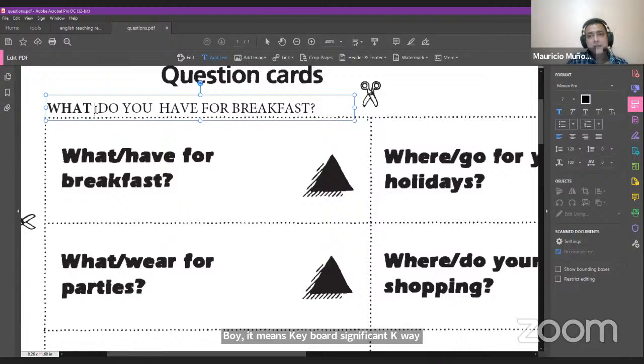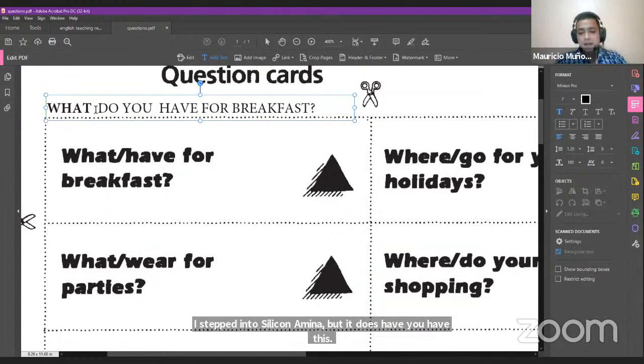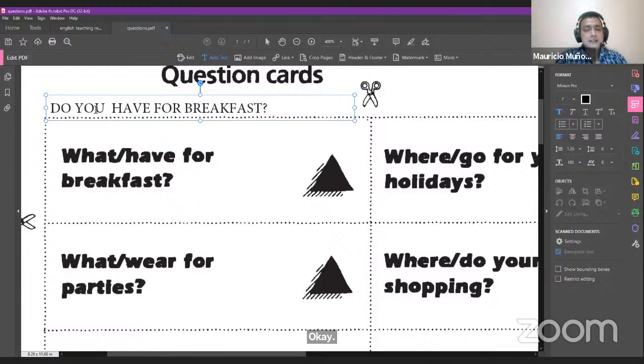A estas preguntas se las denominan preguntas abiertas. ¿Ok? Si no estuviera esta palabra what, estas son preguntas cerradas. Porque simplemente te estarían formulando, do you have breakfast? ¿Desayunas?